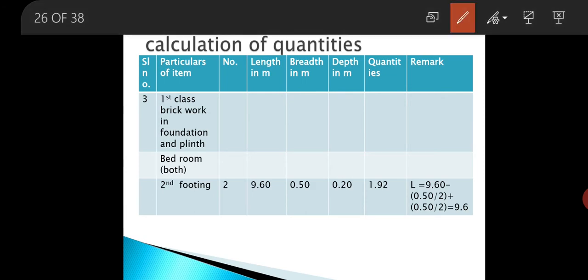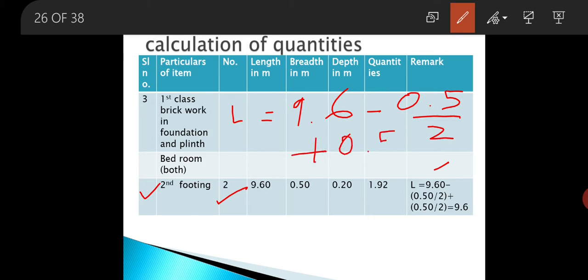Now, next part is second footing. Number will remain 2 as we are doing the long wall calculation. So, length here will be, center to center length is 9.6. From that we will subtract half of the width of the second footing, that is 0.5 by 2, and add half of the width of the second footing in the same manner as we have done in the first footing.